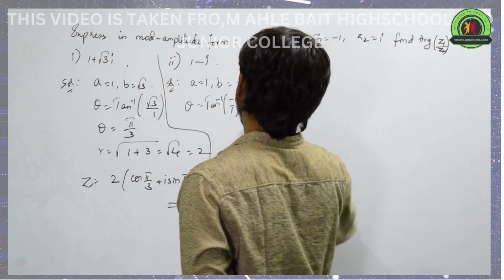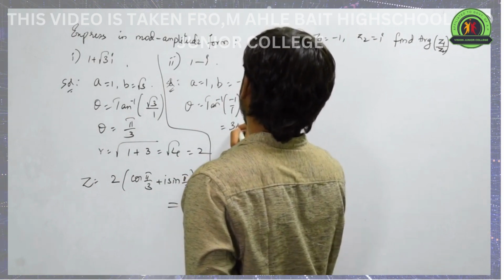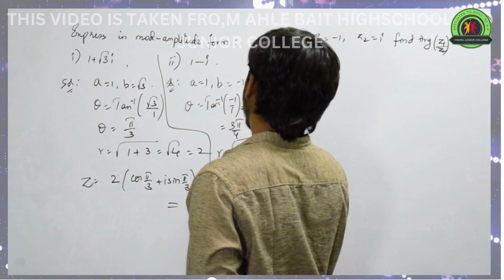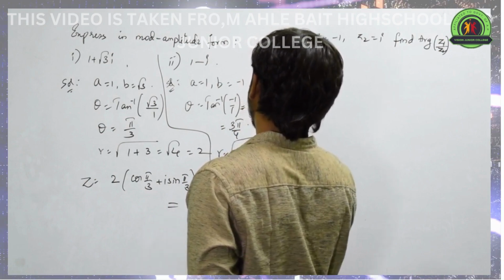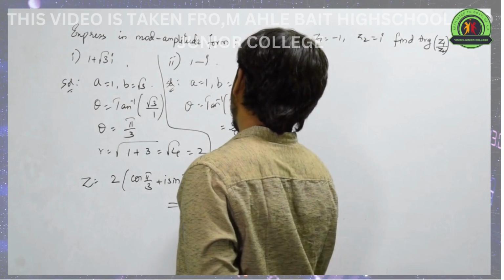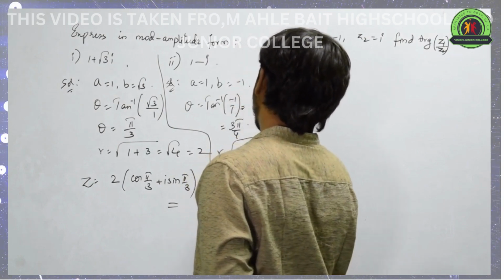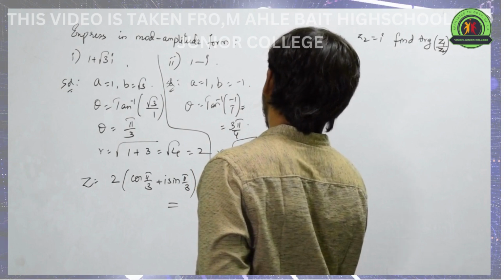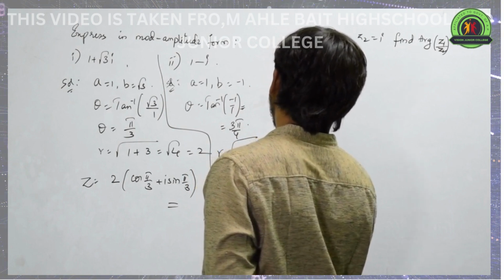What about amplitude? Under root 1 plus 1, that is root 2. Therefore, my complex number is root 2 into cos 3 pi by 4 plus i sin 3 pi by 4.